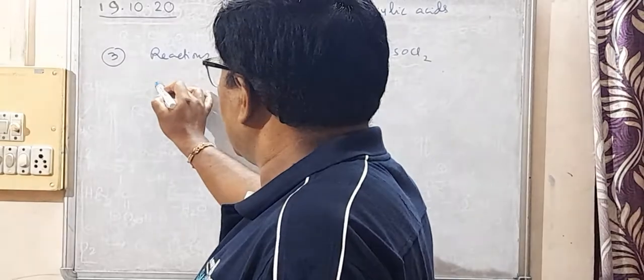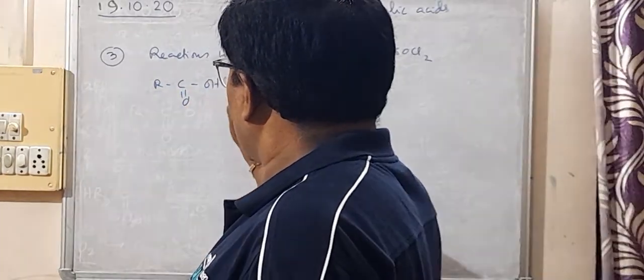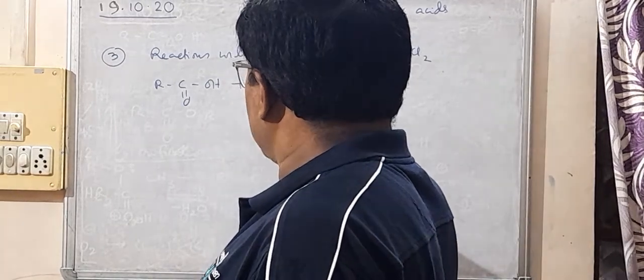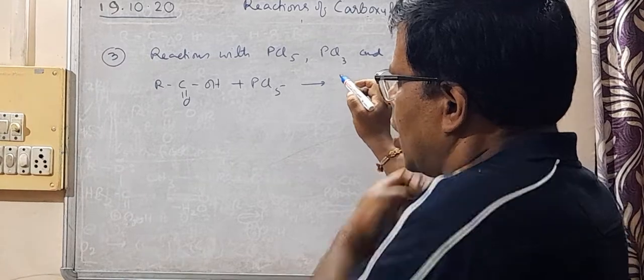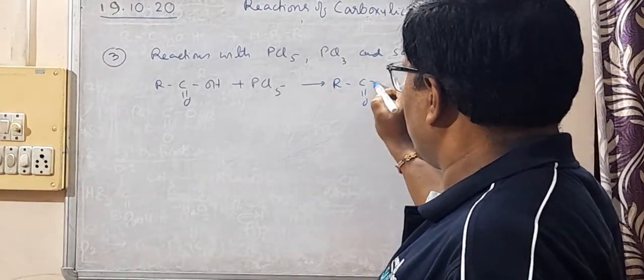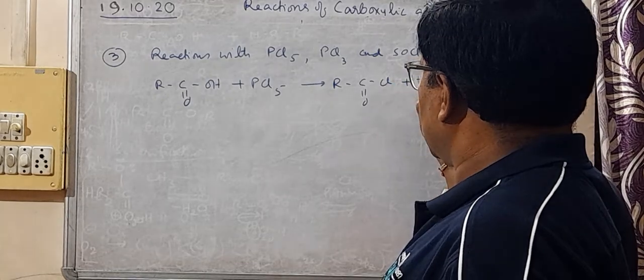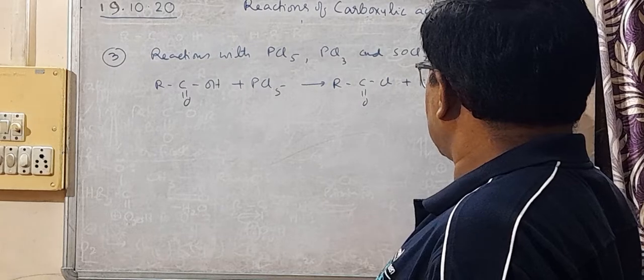So I am writing here R C double bond O H, carboxylic acid, plus PCl5. Here you get R C double bond O Cl plus POCl3 plus HCl.